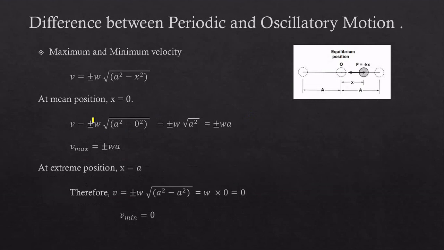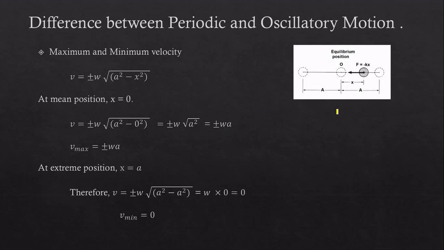So v is equal to plus or minus omega under root of a square minus 0 square, which is plus or minus omega into under root of a square, that is plus or minus omega into a. Now we can write v max is equal to plus or minus omega into a, where a is the extreme value.